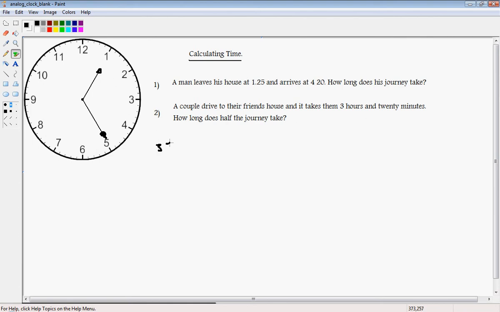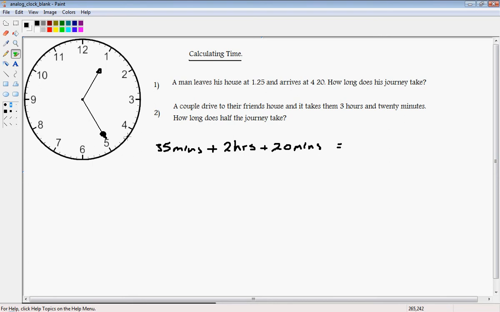Now, from 2 o'clock to 4 o'clock, that's another 2 hours. Okay, so we're now at 4 o'clock, and then it goes from 4 to 4:20, so this is another 20 minutes.